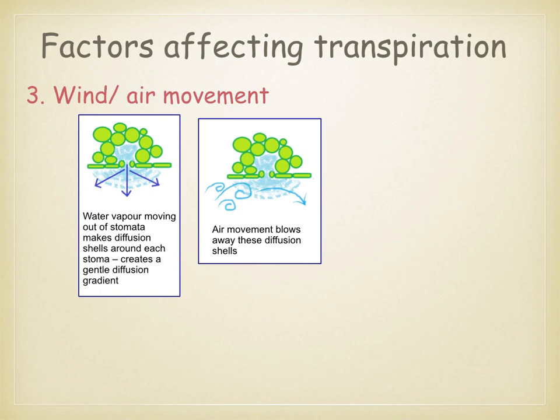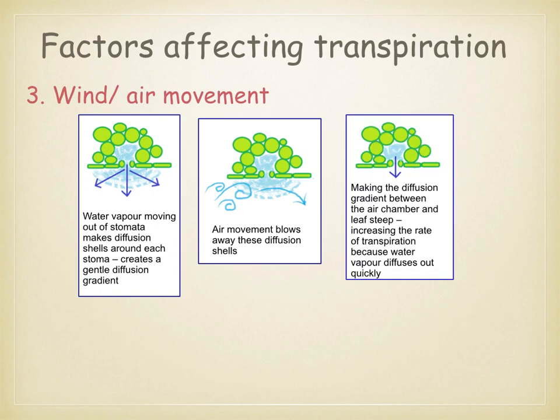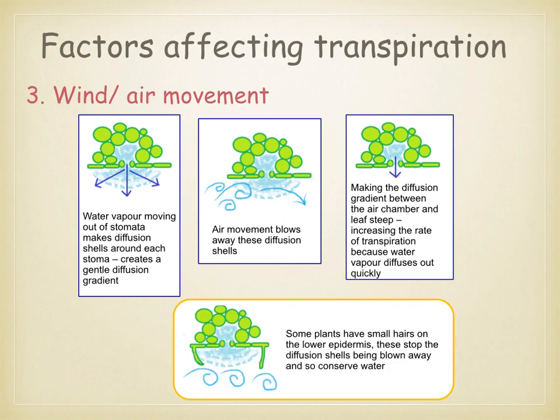And it increases the rate of transpiration because water vapor diffuses out quickly. Now, some plants have got small hairs on the lower epidermis, and these stop the diffusion shells being blown away so that they conserve water.